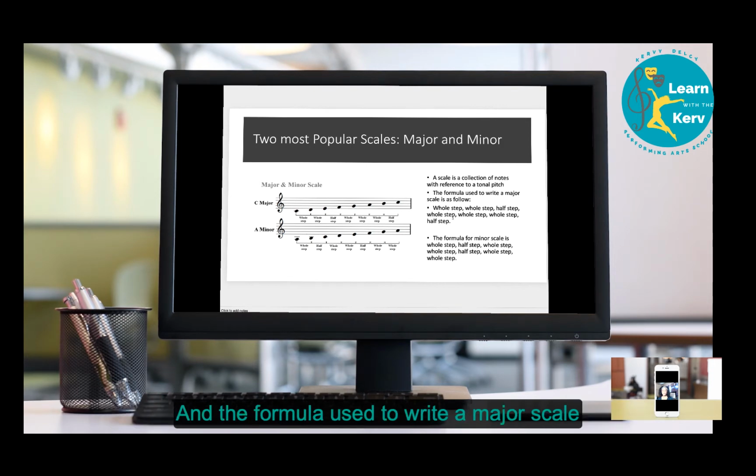And the formula used to write a major scale is as follows: whole step, half step, whole step, whole step, whole step, and half step. For example, from C to D is a whole step. From D to E is a whole step.